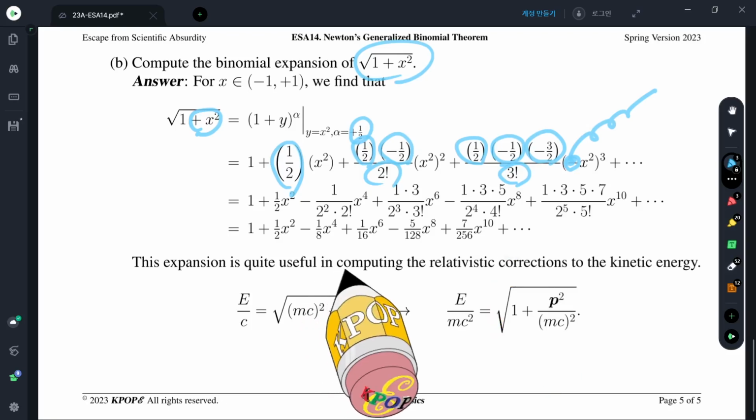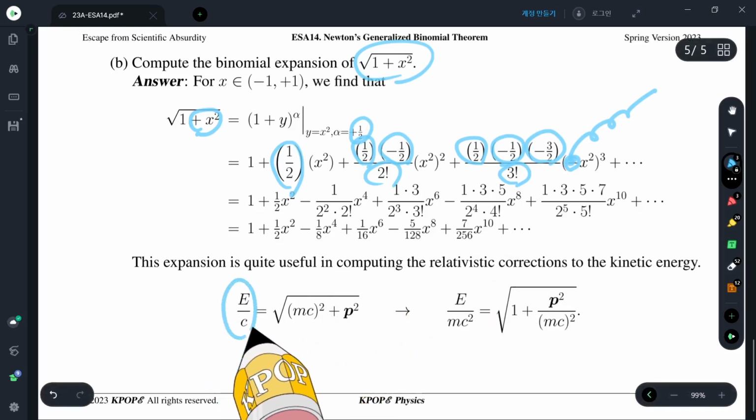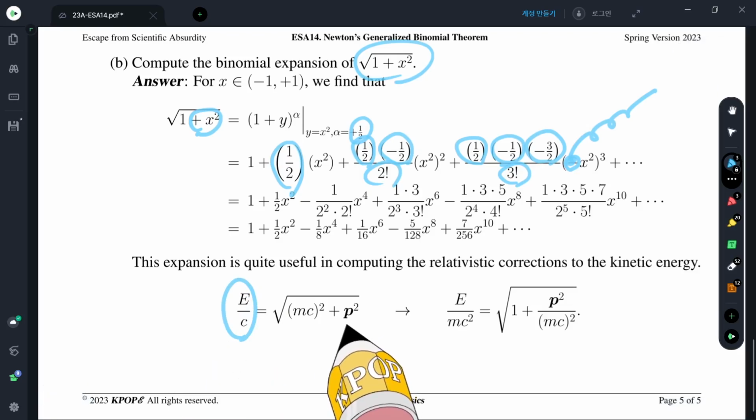In physics problems, we usually compute the energy of a massive particle moving with the momentum defined in Einstein's special theory of relativity.